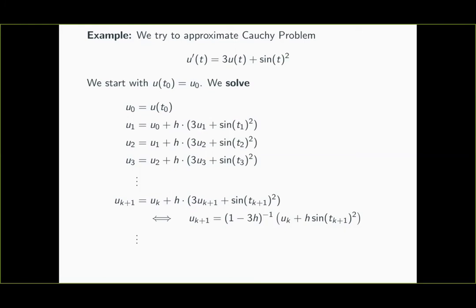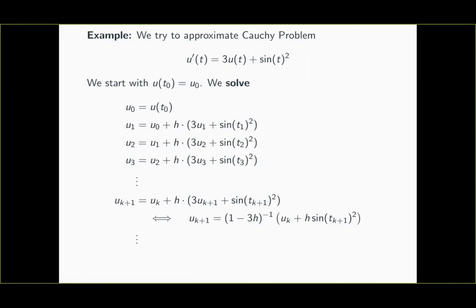We solve u3 equals u2 plus h times 3 u3 plus sine of t3 squared for the unknown u3. And generally, we solve uk plus 1 equals uk plus h times 3 uk plus 1 plus sine of tk plus 1 squared for the unknown uk plus 1.